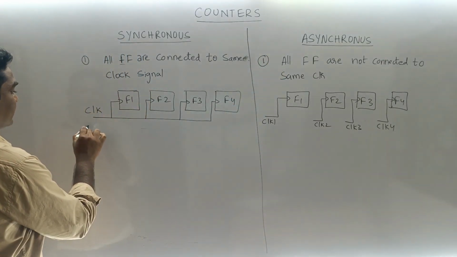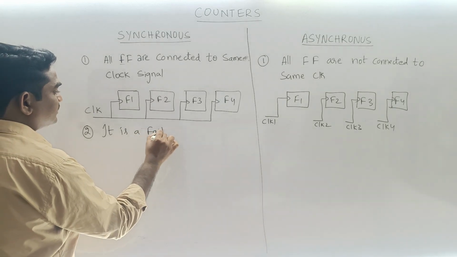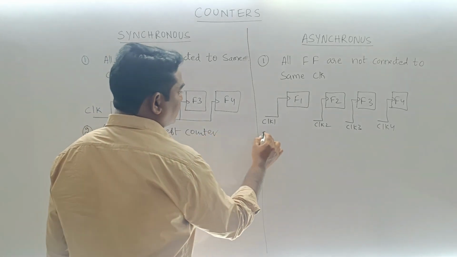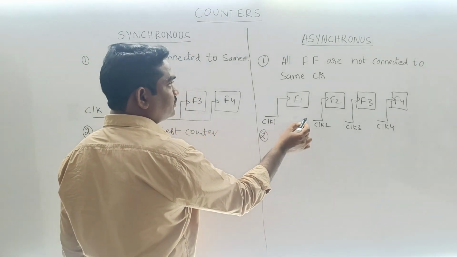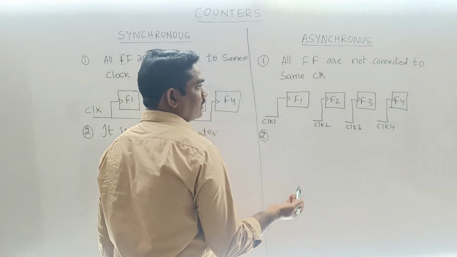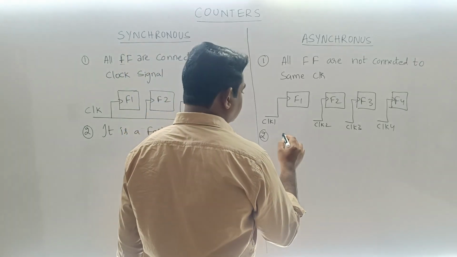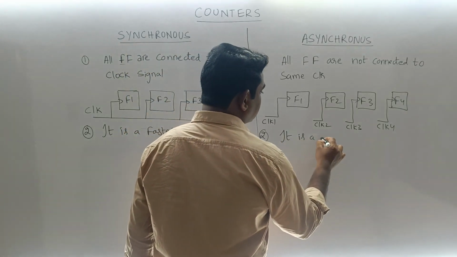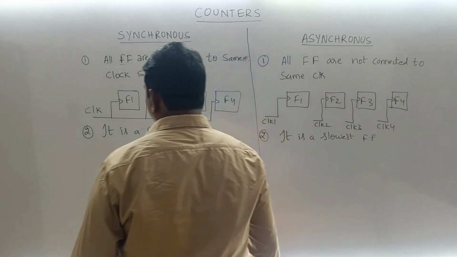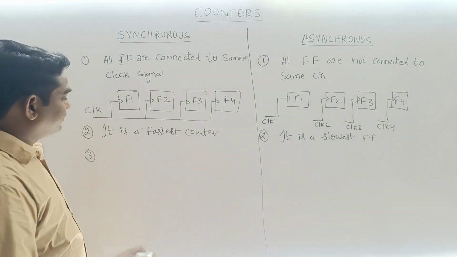Here the second point is that the synchronous counter is the fastest counter, and because we are applying different clocks to different flip-flops, we will get a slower performance for asynchronous counters. Here it is the slowest. Now the third point is TPD, propagation time delay.